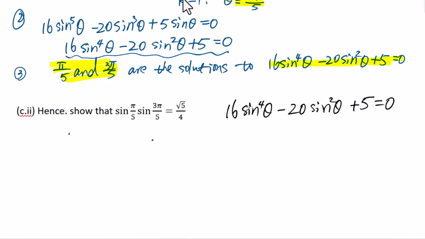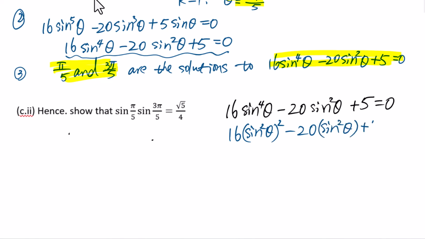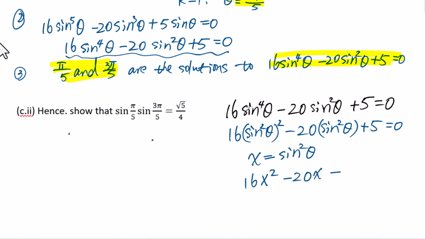Let's change this into a quadratic function: 16(sin^2 θ)^2 minus 20 sin^2 θ plus 5 equals 0. Let x equal sin^2 θ. So we got 16x^2 minus 20x plus 5 equals 0.